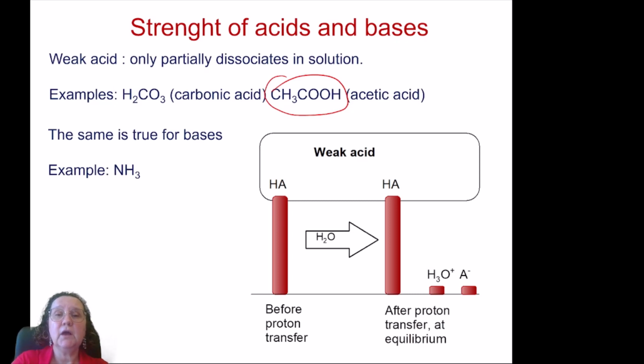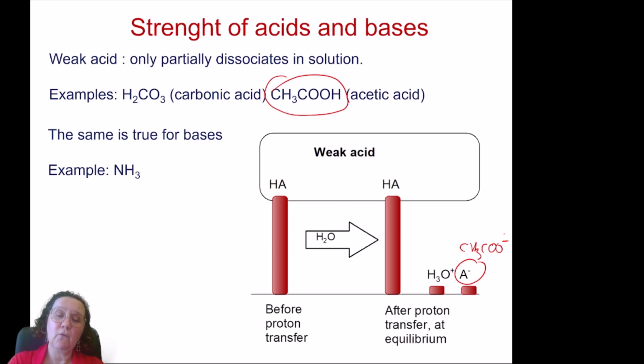Well, when you dissolve the compound acetic acid in water, a small amount of your acetic acid will form the acid anion, which is CH3COO minus, and a small amount will form the hydrogen ions.